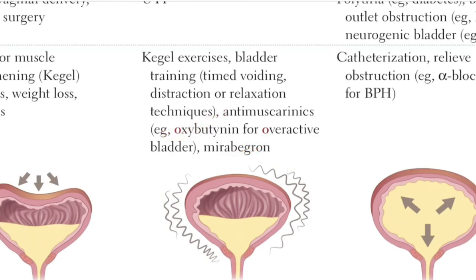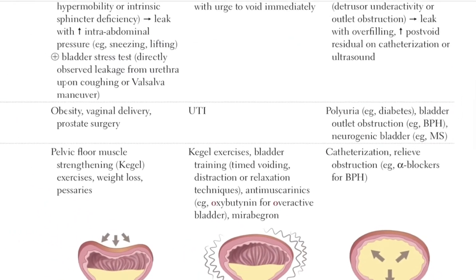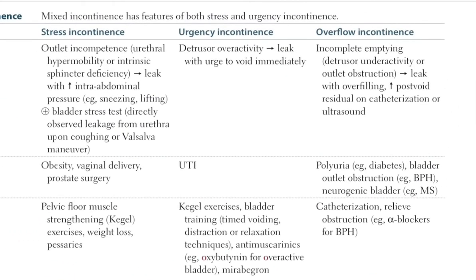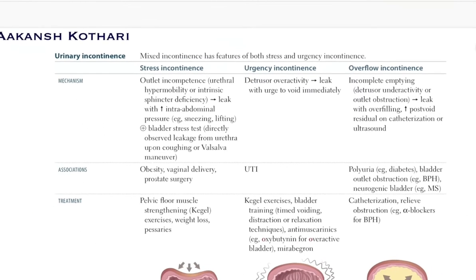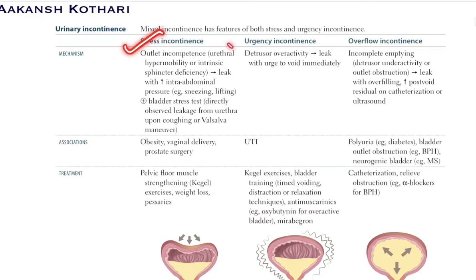Mirabegron is also used to treat urgency incontinence. Am I clear? So we have spoken about stress incontinence and urgency incontinence. I'd like to add that if a person presents with symptoms of both, it can lead to mixed incontinence, which has features of both stress and urgency incontinence.